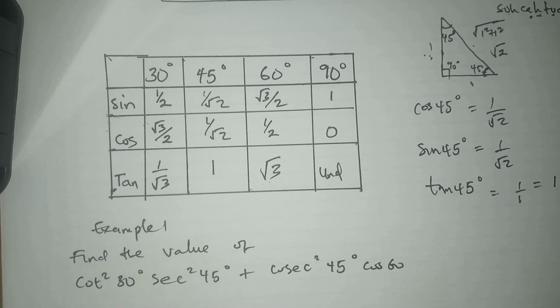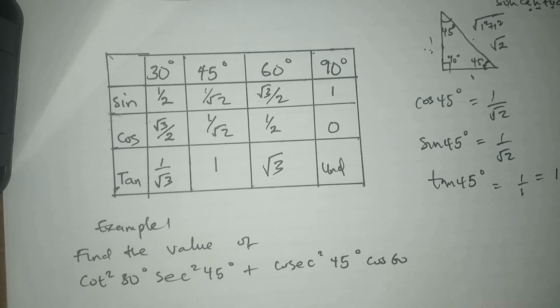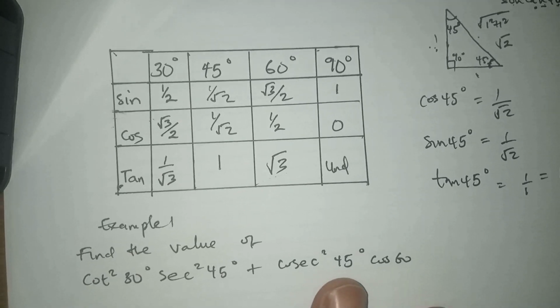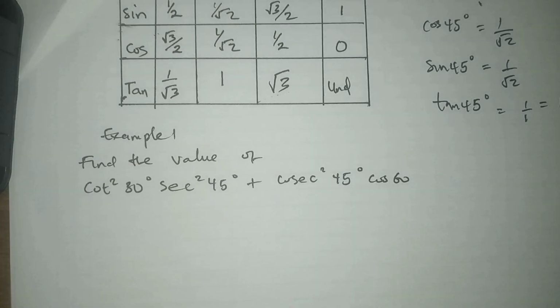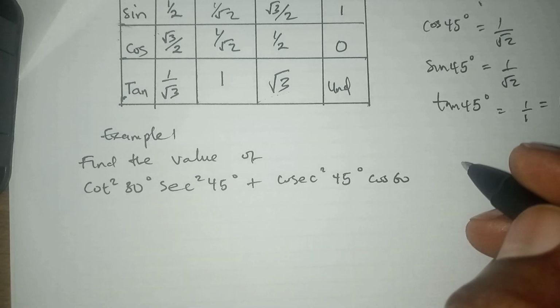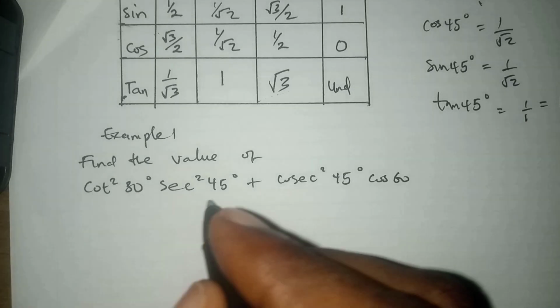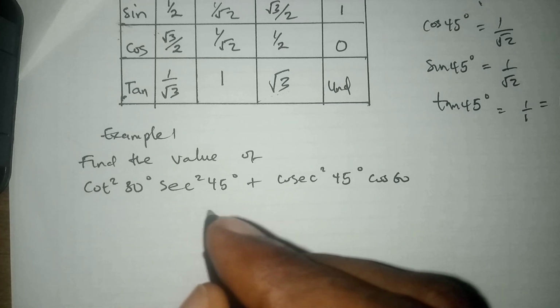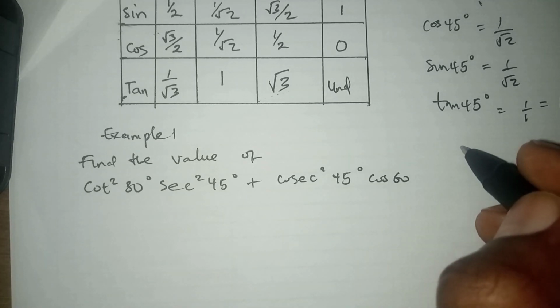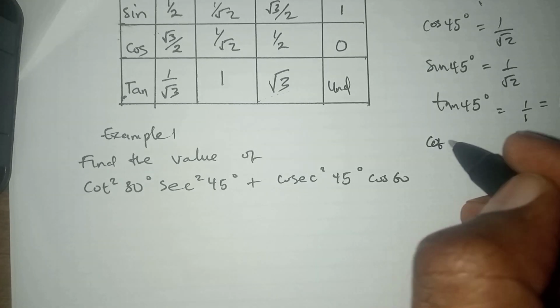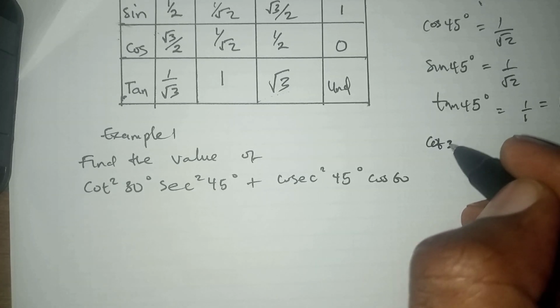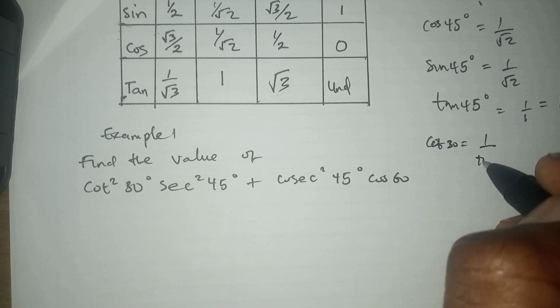Now, please don't forget cot. Don't forget we said cot is 1 over tan. Let me just write it here. Cot 30 is 1 over tan 30.